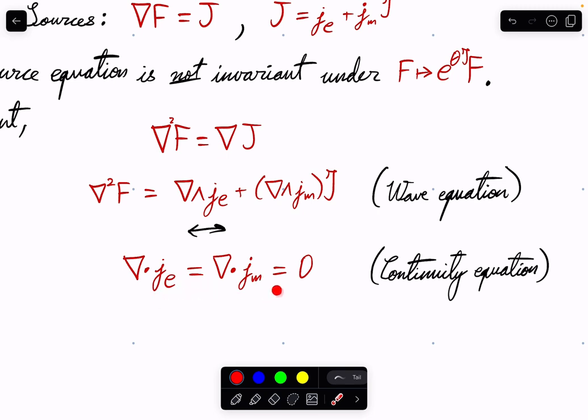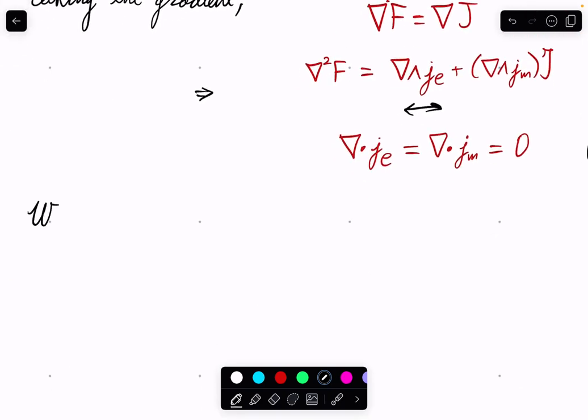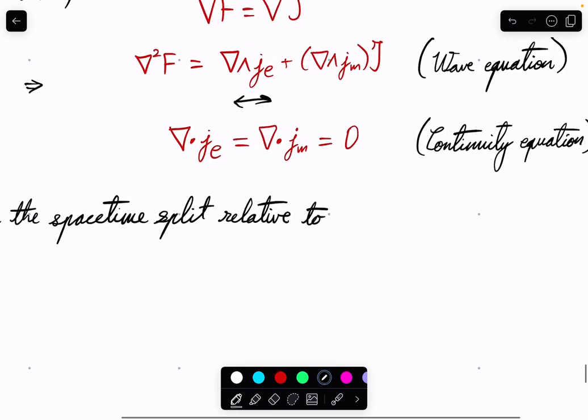And then because you're not creating nor destroying charge, you can use the wedge up here for the wave equation. We can take the space-time split relative to gamma naught.